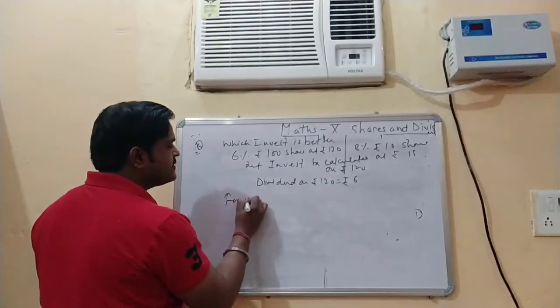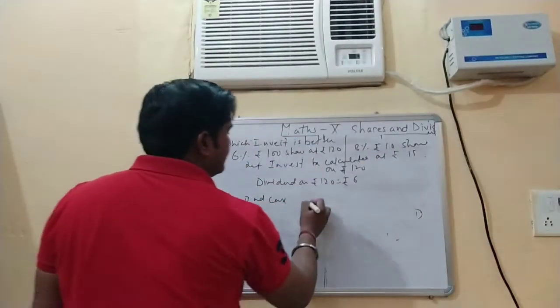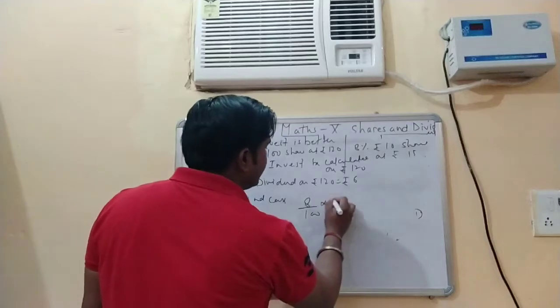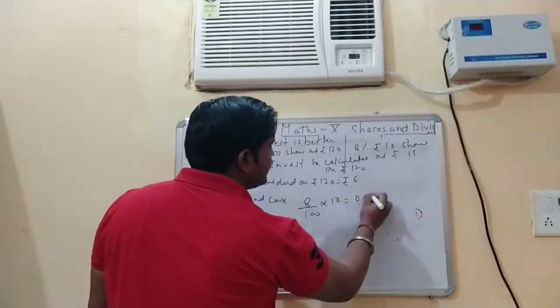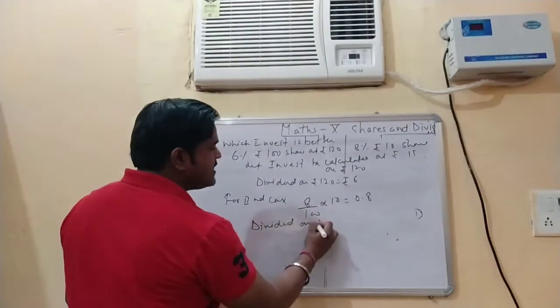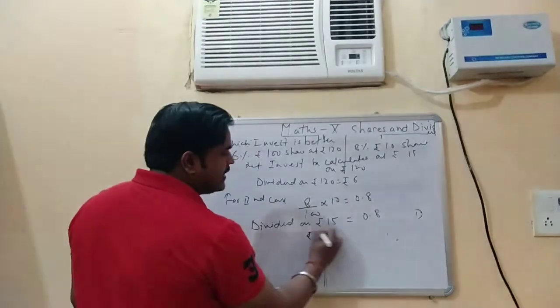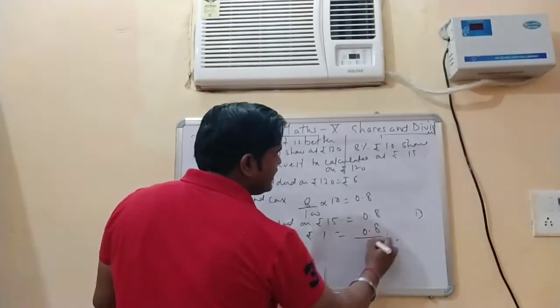Now for the second case, 8% of 10, this will be equal to 0.8. So dividend on rupees 15 will be equal to 0.8. So for rupees 1 it will be 0.8 by 15.